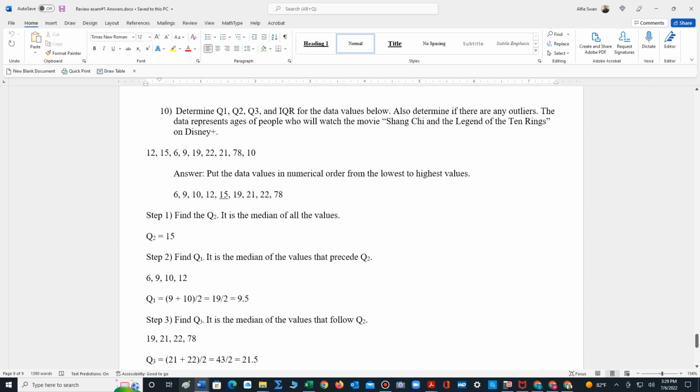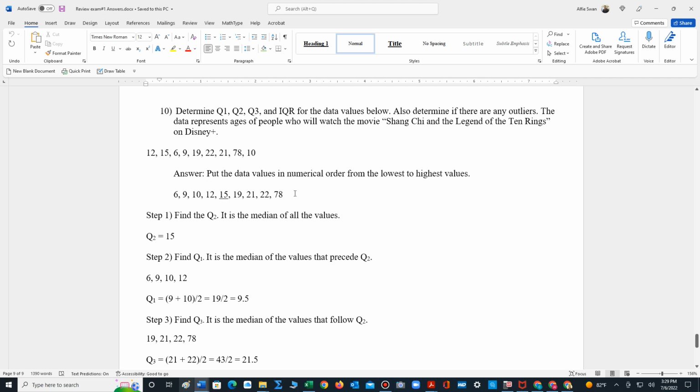For the next problem, we have to find quartile 1, 2, and 3 along with the IQR. First step, we put everything in ascending order, from lowest to highest. Quartile 2 is the midpoint of all the data values.